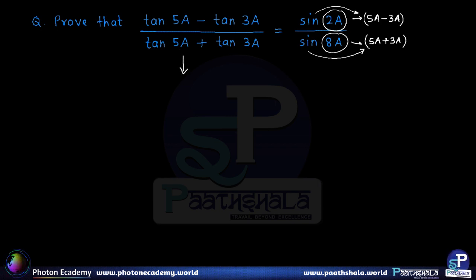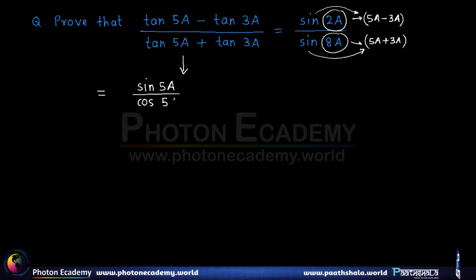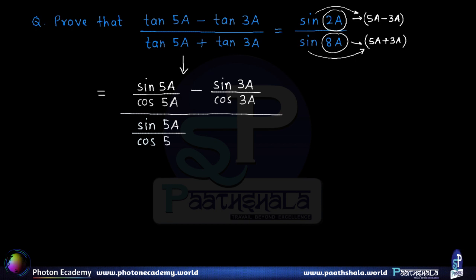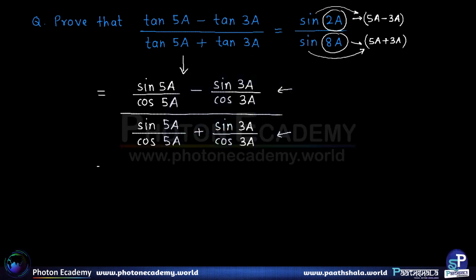So if we simplify the left hand side, let us write tan as sine upon cos. So we have sine 5a upon cos 5a minus sine 3a upon cos 3a, whole divided by sine 5a upon cos 5a plus sine 3a upon cos 3a. If we merge the denominators in numerator as well as denominator, the denominators of both are going to be the same, that is cos 3a into cos 5a.